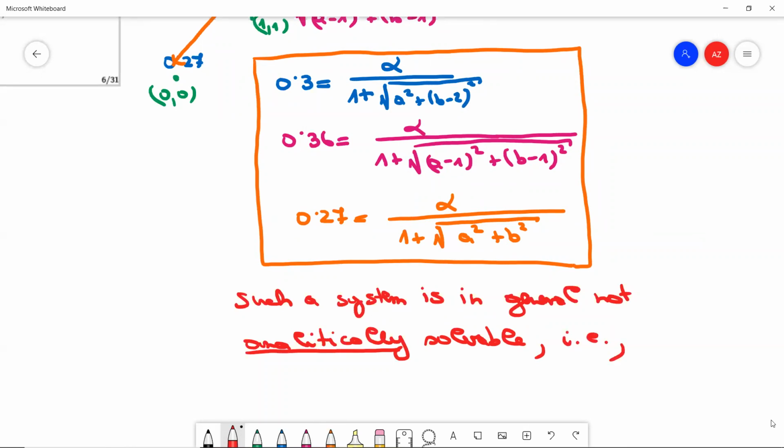This means that there doesn't exist a formula to express the unknowns.